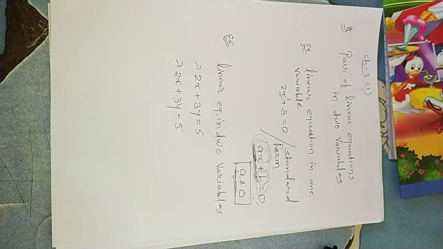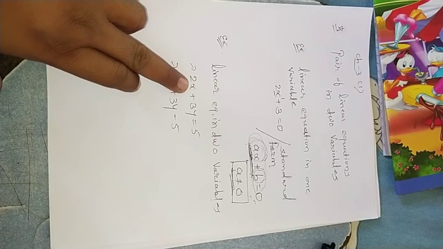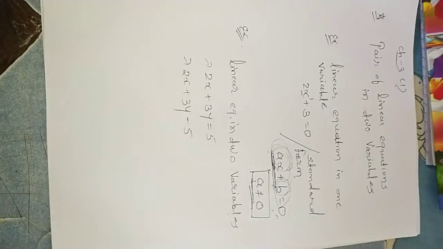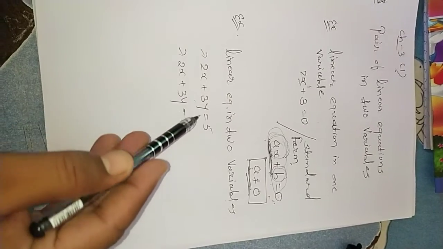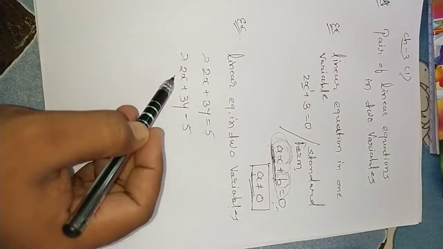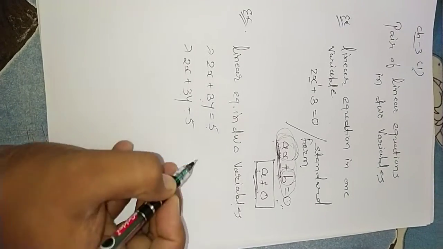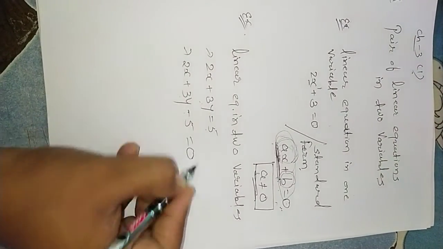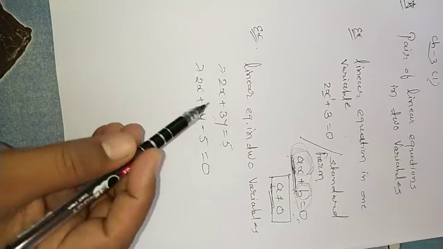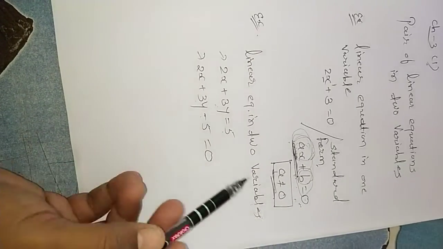Here the power of x is 1 and the power of y is 1. It can be written like that: 2x plus 3y is equal to 5, or 2x plus 3y minus 5 is equal to 0.